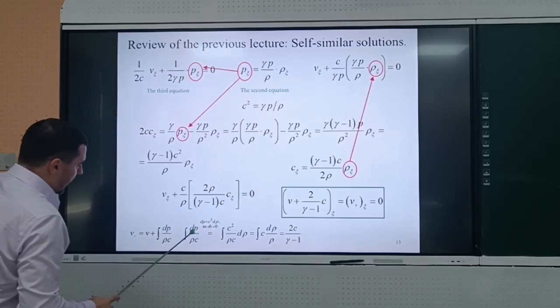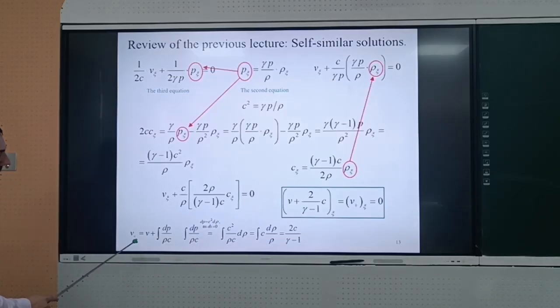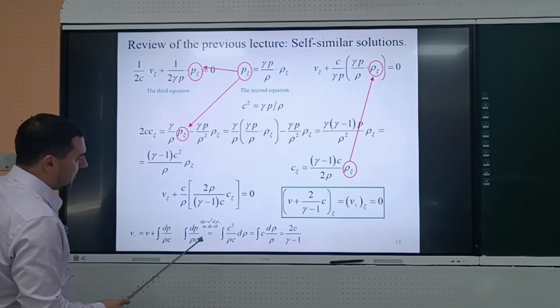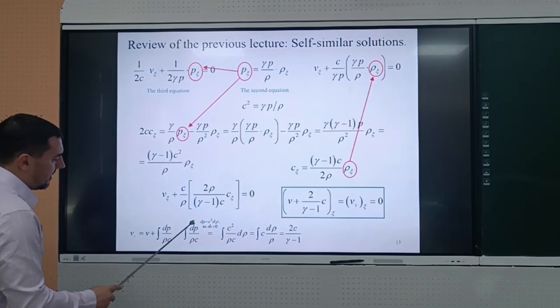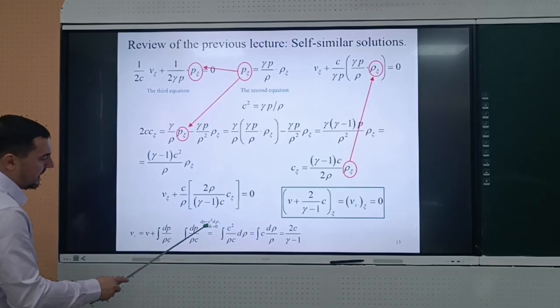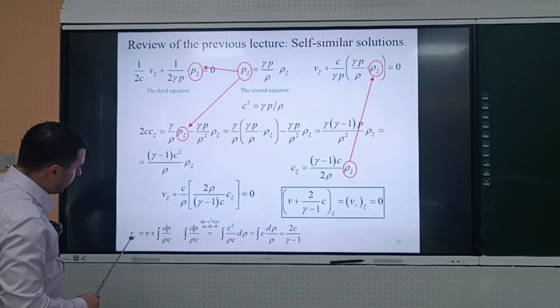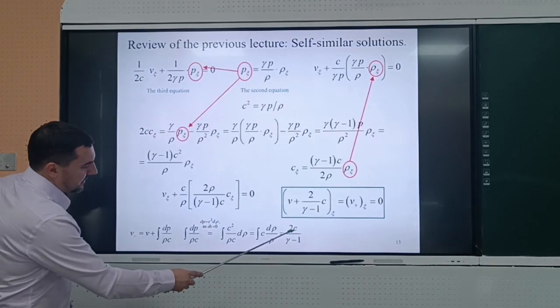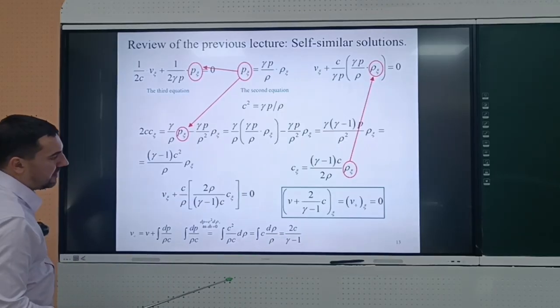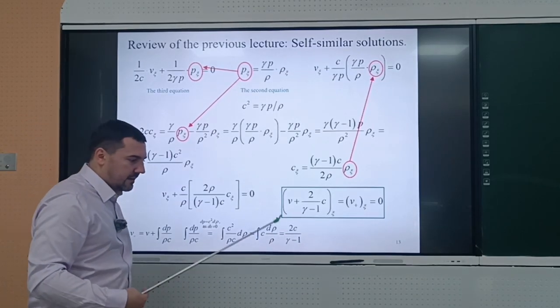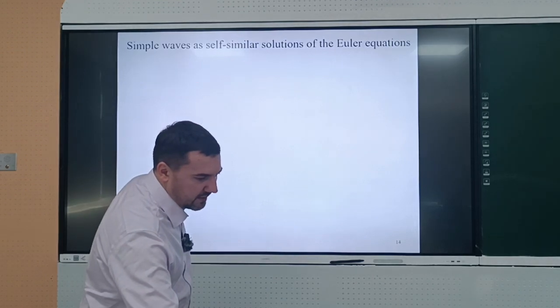And this is just the same as v plus, for isentropic flow, ds equals 0. So this v plus Riemann invariant is 2c over gamma minus 1. So we obtained that in a simple way.